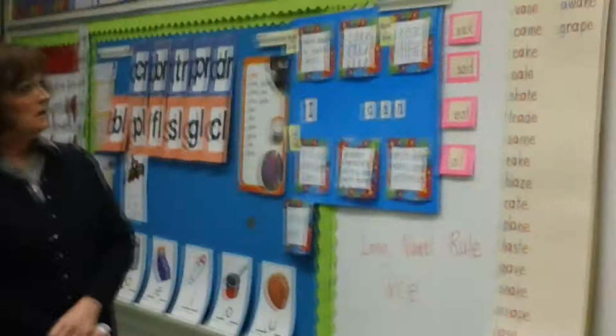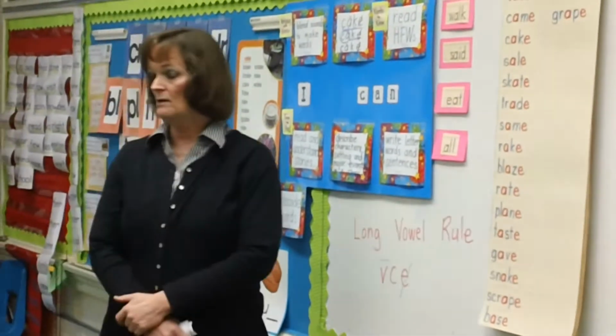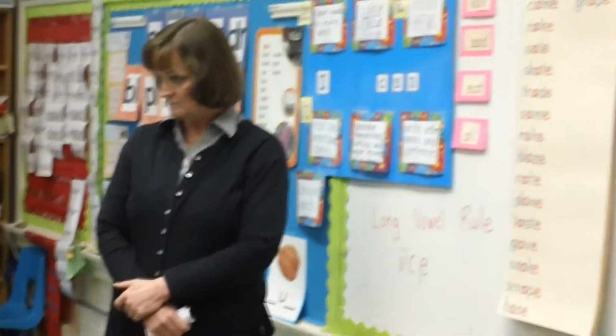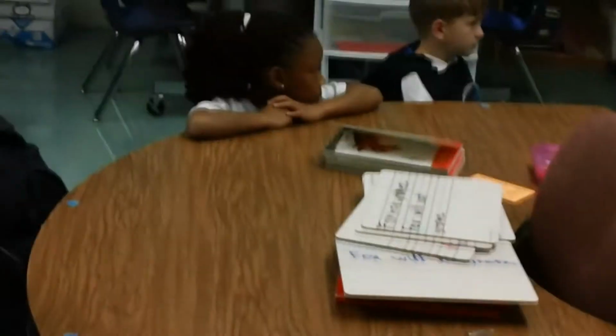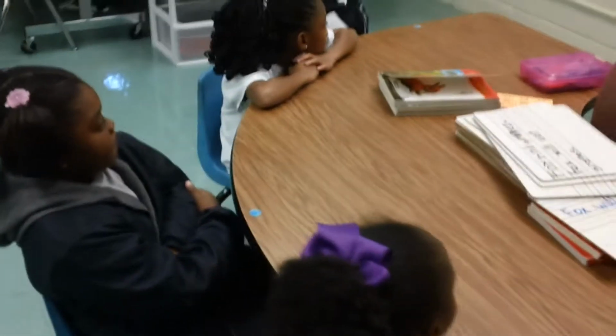Okay. We also talked about our high frequency words. We read a story about fox and grapes, didn't we? Okay. And we talked about characters. We talked about setting and how that tells us where something took place in the story. We also talked about our major events.